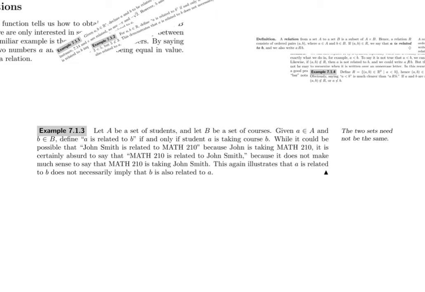As an example, let's say John Smith is related to Math 210. That would be the same thing as saying John is taking the course Math 210. We can't say Math 210 is related to John Smith because that would mean Math 210 is a person and John Smith is a course. And that's not what we mean by this.